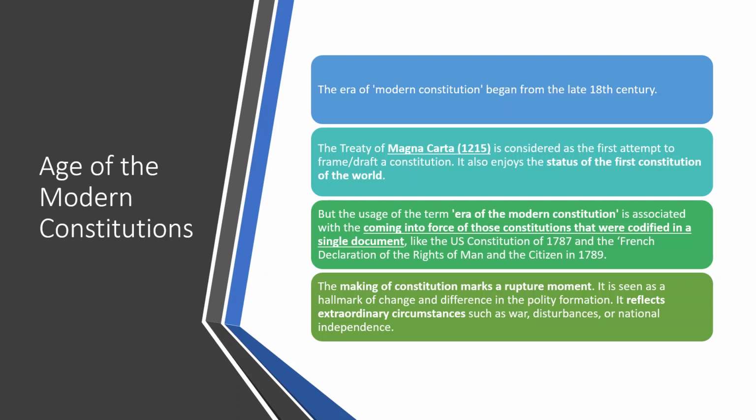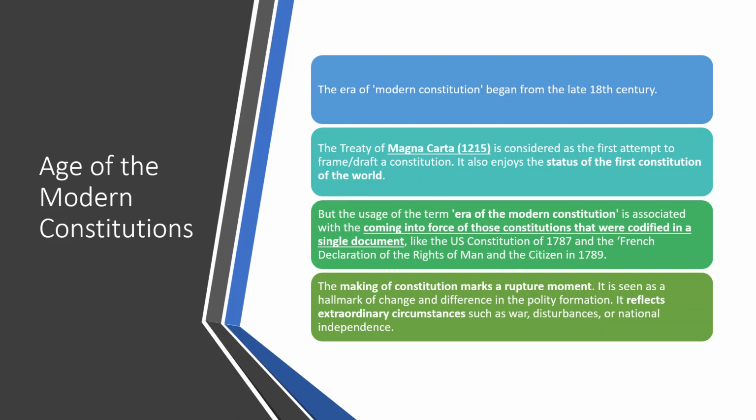But the usage of the term era of modern constitution is associated with the coming into force of those constitutions that were codified in a single document, like the United States Constitution of 1787 and the French Declaration of the Rights of Man and the Citizen in 1789.